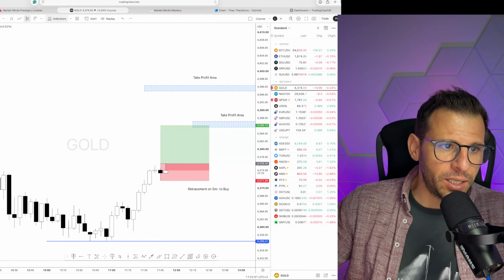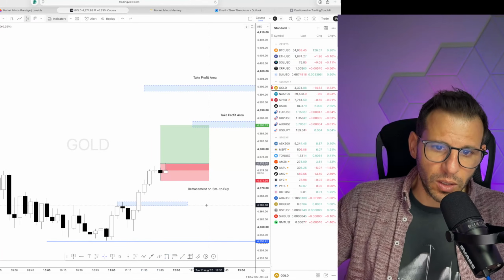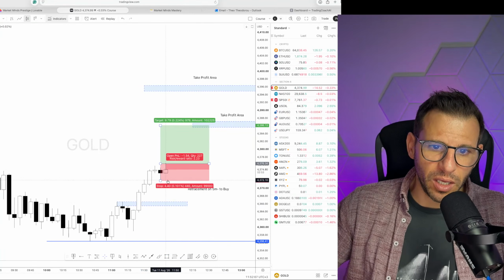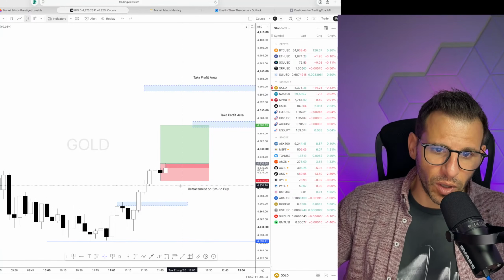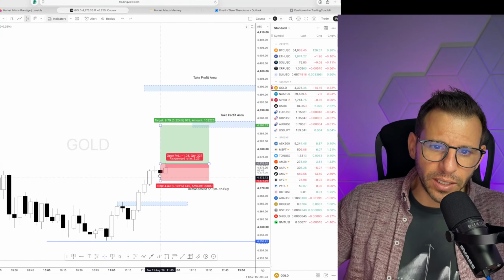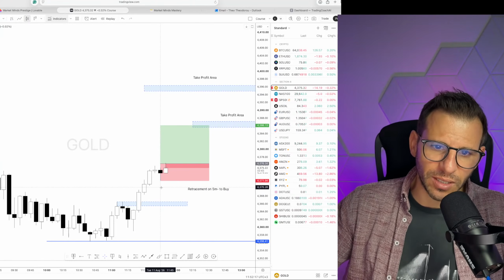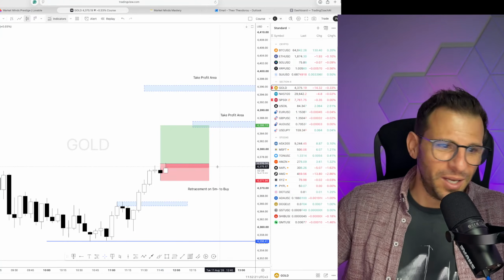Because if I don't have the bullish engulfing here, and if I don't read the order flow to see how the orders are allocated within this candle, I'm not going to just blindly go and buy because I want to get into a winning trade.